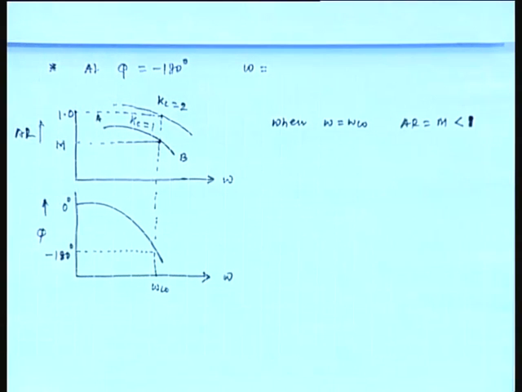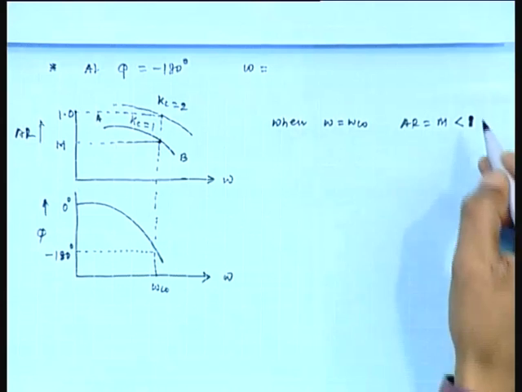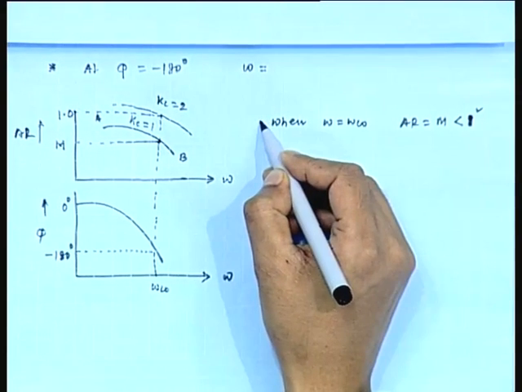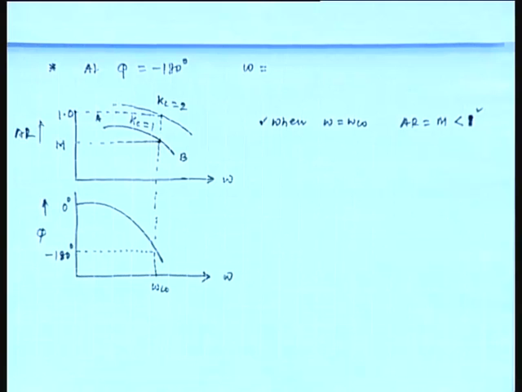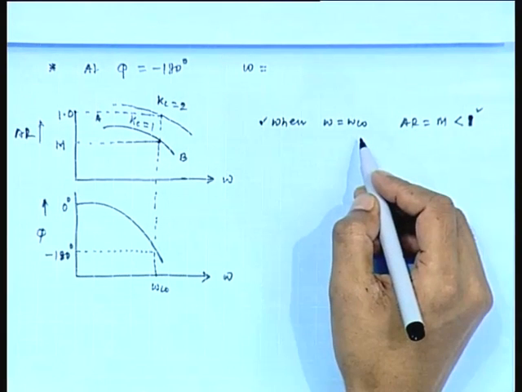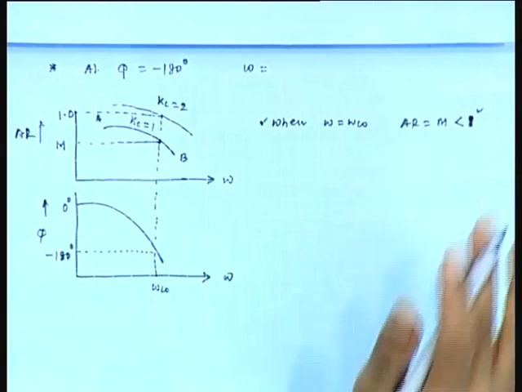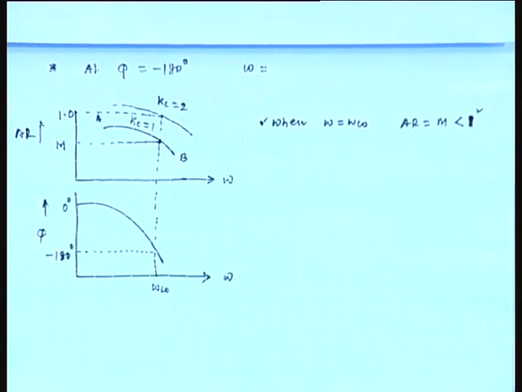Agree? If we obtain 1, then marginal stability. If this is lower than 1, that means stable system. So, when omega equals omega CO, I mean at crossover frequency, if amplitude ratio is less than 1, then that is the indication of stability.